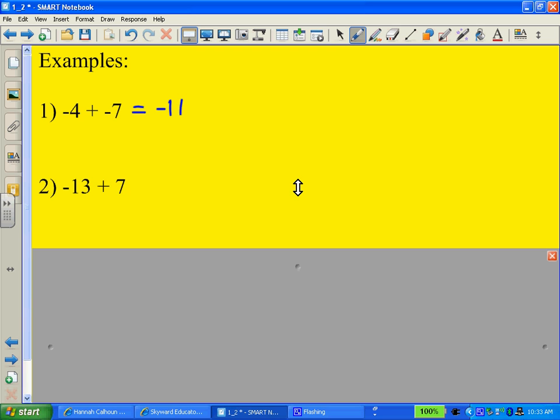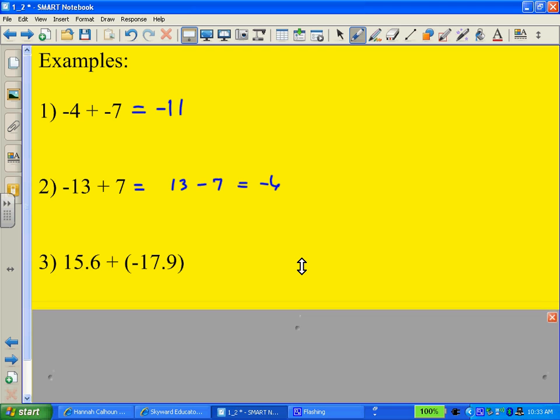Next example, negative 13 plus 7, different signs. So here, I'm going to do 13 minus 7, which is 6. And then again I ask, is 13 bigger or 7 bigger? 13 is, and it's negative, so my answer is negative 6.